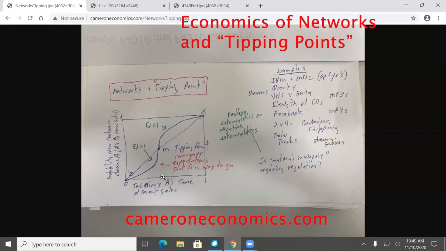So network effects. Then technology A's share of recent sales. So here, during the competition period, you have price elasticity of demand greater than 1. But then the value of the network isn't so great. Then, for example, Netscape. I don't know if anybody remembers Netscape.